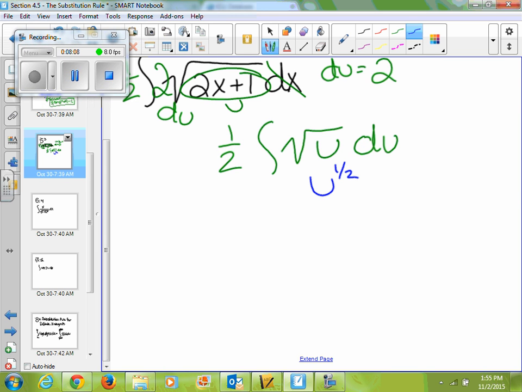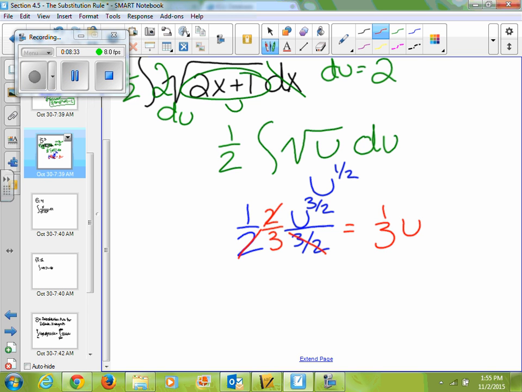So if I integrate u to the 1/2, what am I going to get? 1/2 plus 1 is? 3/2. Okay. Dividing by 3/2 is the same thing as multiplying by 2/3. And so if I simplify these, the 2's cancel, and I end up with 1/3 u to the 3/2. And what did I say that u equals?